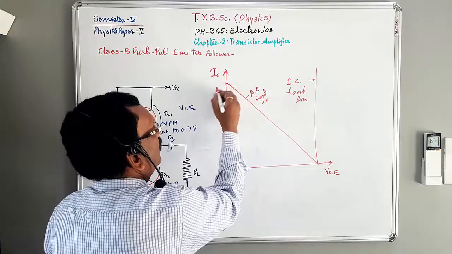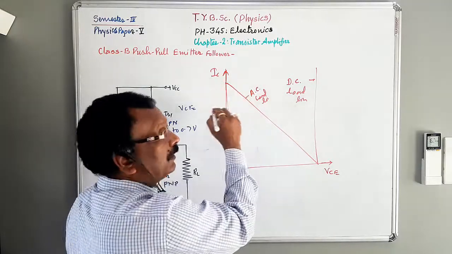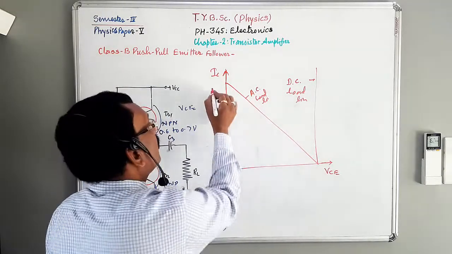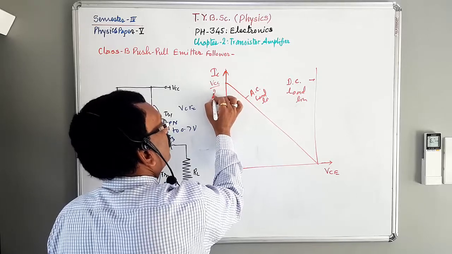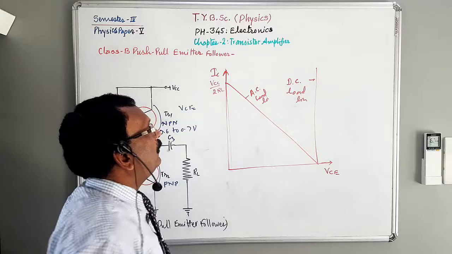Now this is the saturation point, where the current IC is VCC upon 2 RL.